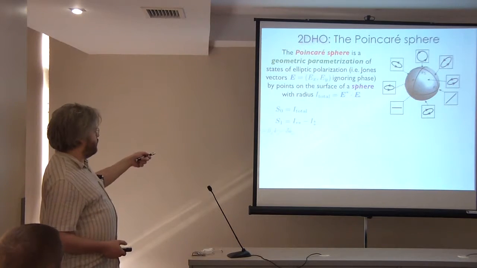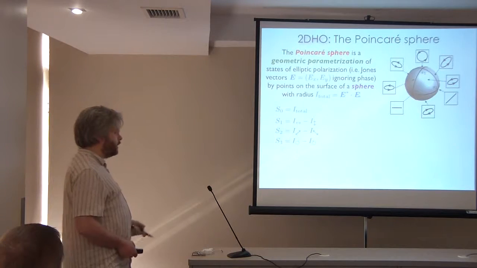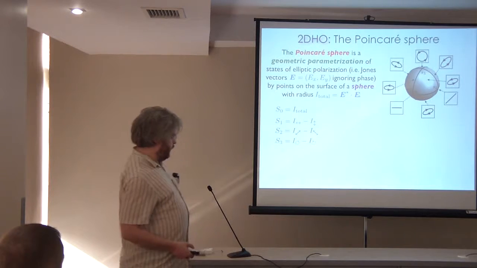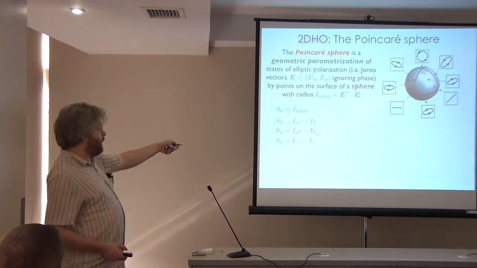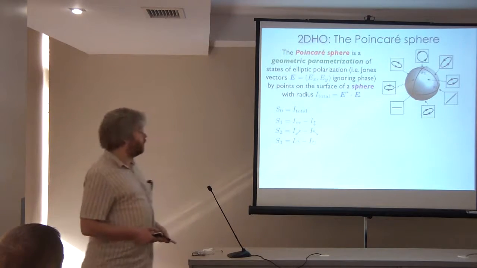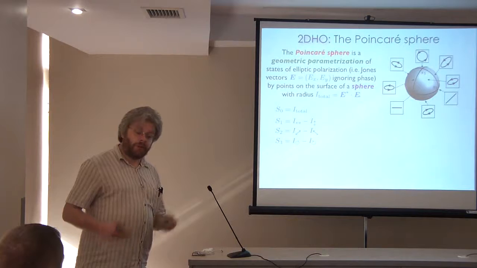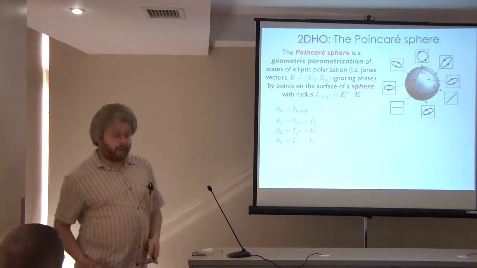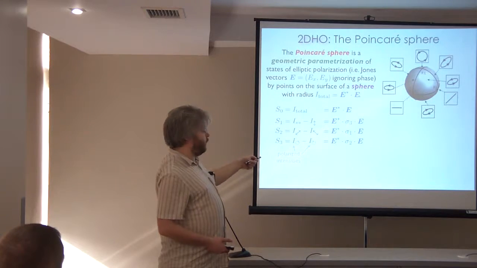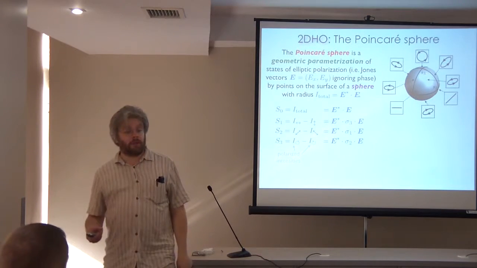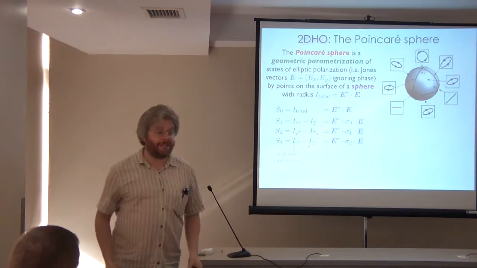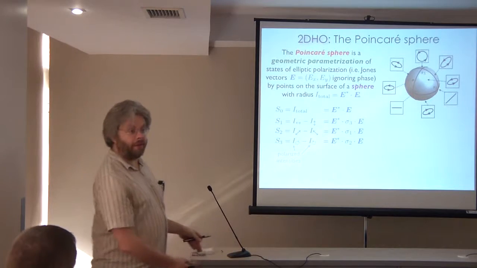And it's nice if you're doing experiments, because the Stokes parameters, the x, y, and z axes in the sphere, can just be taken as the difference of two measurements of intensity behind a polarizer. But that's if you're an experimentalist. If you're a theorist, you like them because they're like expectation values in quantum mechanics of Pauli spin matrices. So it's clearly the right thing we should be doing if the experimentalist wants to do it and the theorist wants to do it.